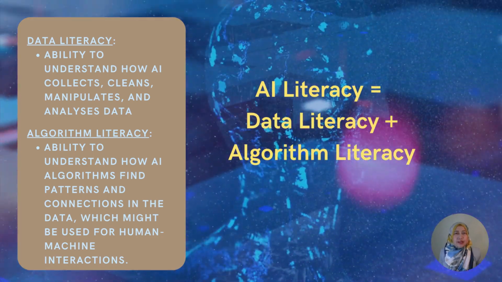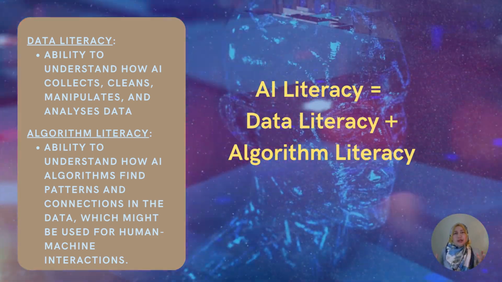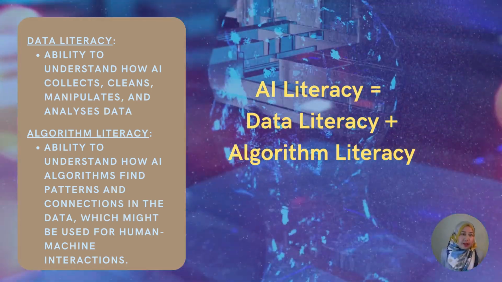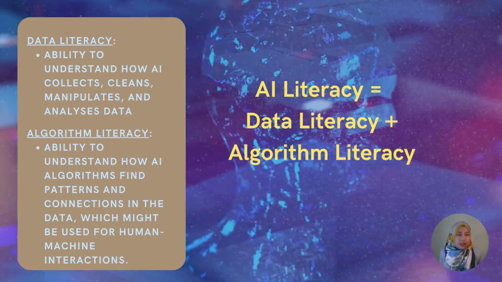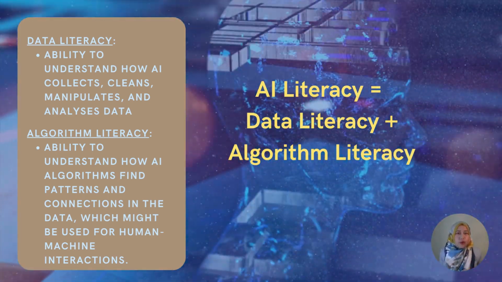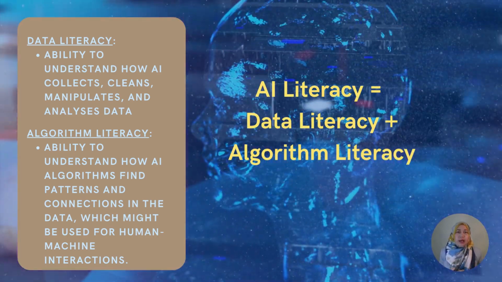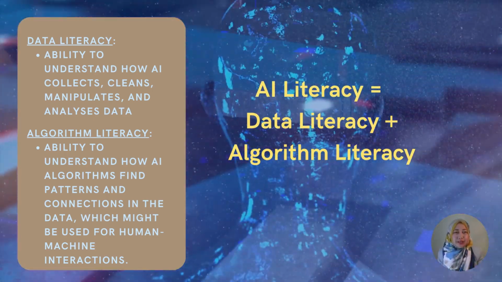The first is data literacy, which covers the ability to understand how AI collects, cleans, manipulates, and analyzes data, as well as the second part on algorithm literacy, to understand how the AI algorithms find patterns and connections in the data, and these together can be useful for human-machine interaction.